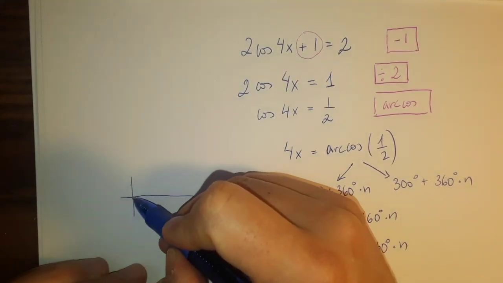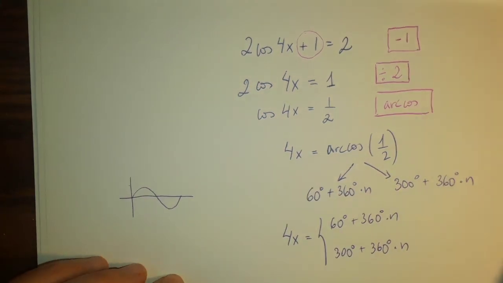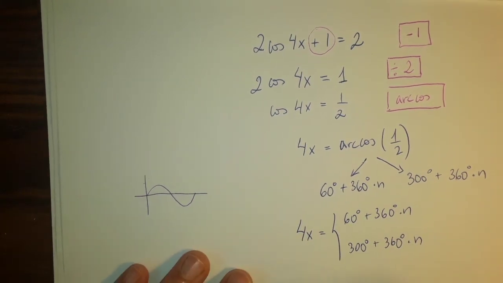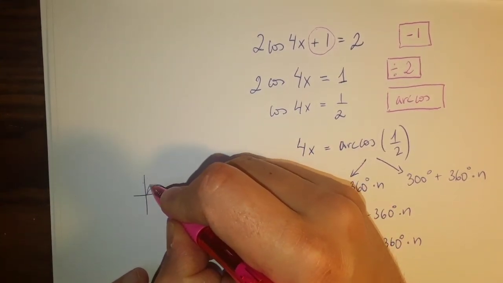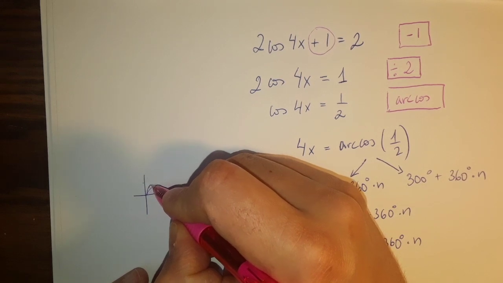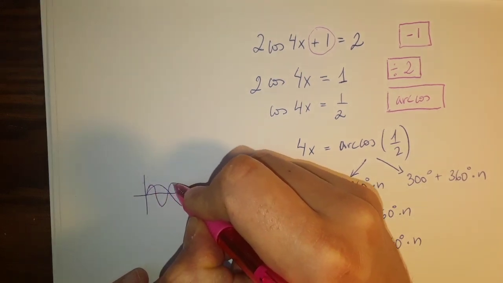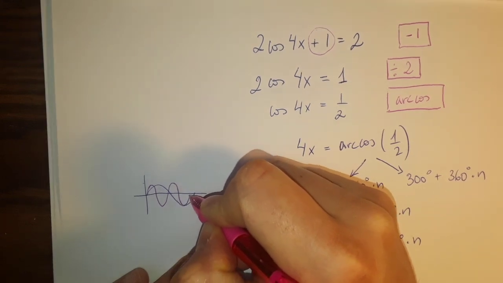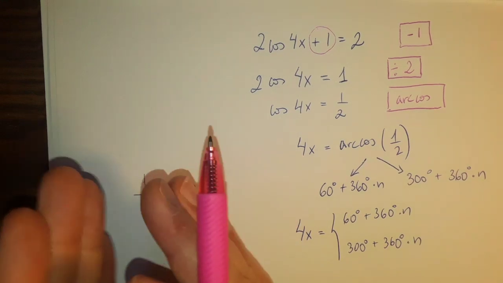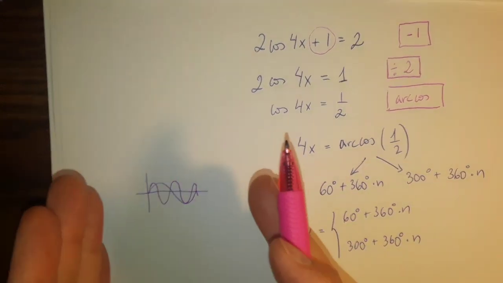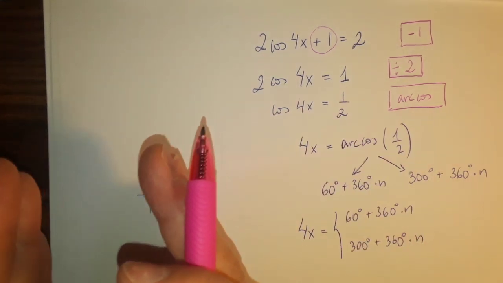If the cosine of x is like this, the cosine of 4x is going to be something like this. I'm not going to be very precise, but what I'm trying to tell you is that this goes up and down more times. I just want to make sure you understand that this cosine, because of this 4x, has been compressed.